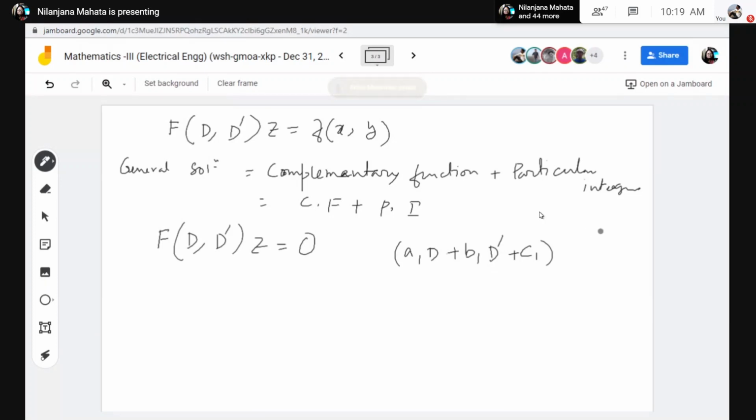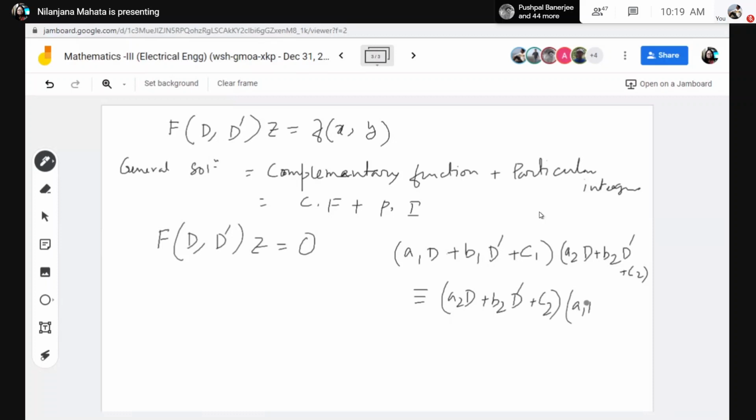And we should remember one thing: a2 D plus b2 D dash plus c2 is equivalent to, there is a theorem, I will give you the PDF that is proved.